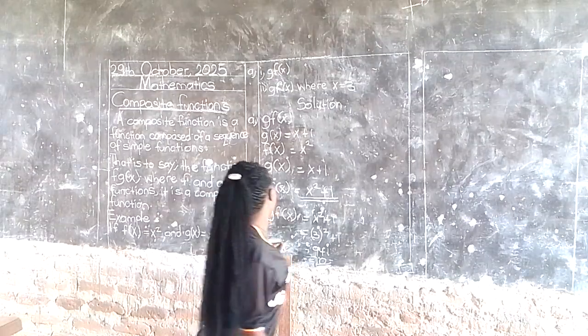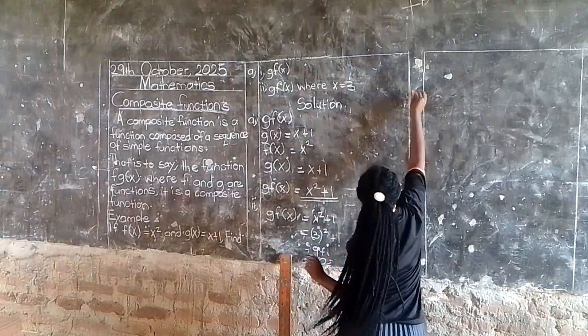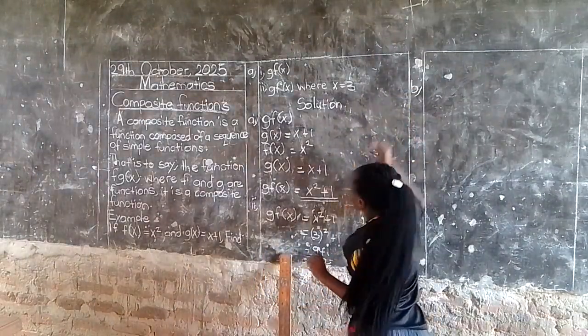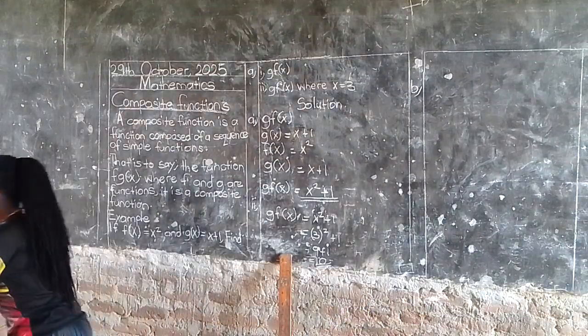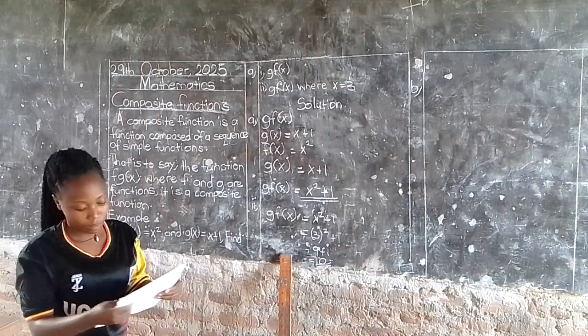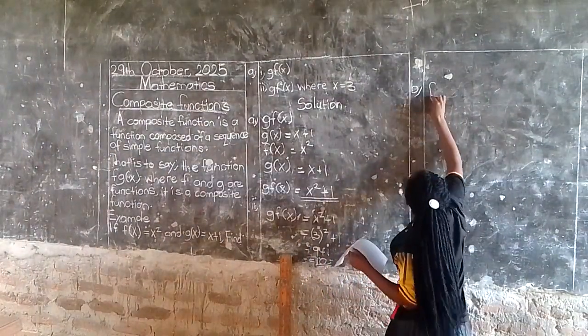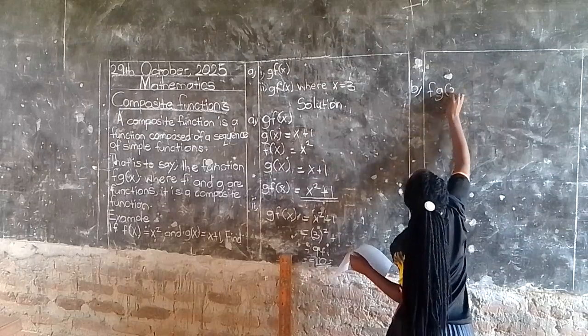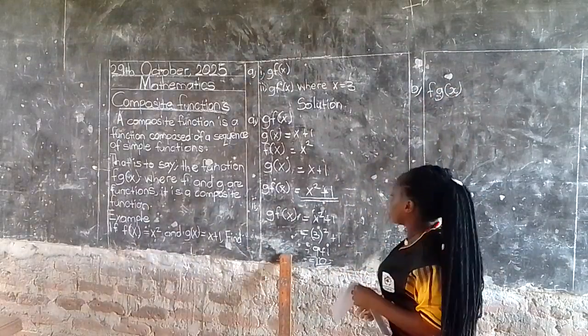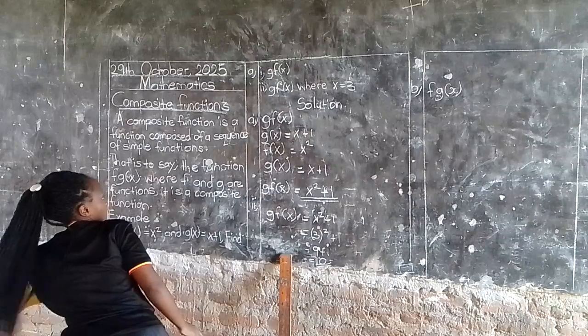Now part B is telling us to find fg of x. Fg of x. How do we start?